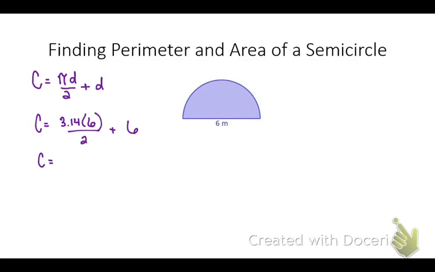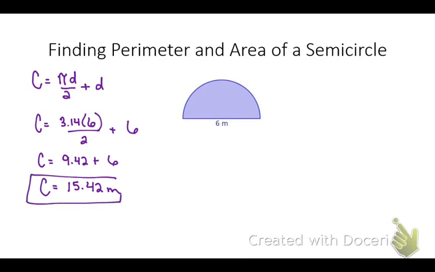C equals 9.42 plus 6. So C equals what, guys? 15.42. All right, just kind of nod if you got that right. Did you guys get that? Okay. All right, so that's circumference or perimeter. Perimeter works too. Okay, P equals. You'll still get the right answer either way.